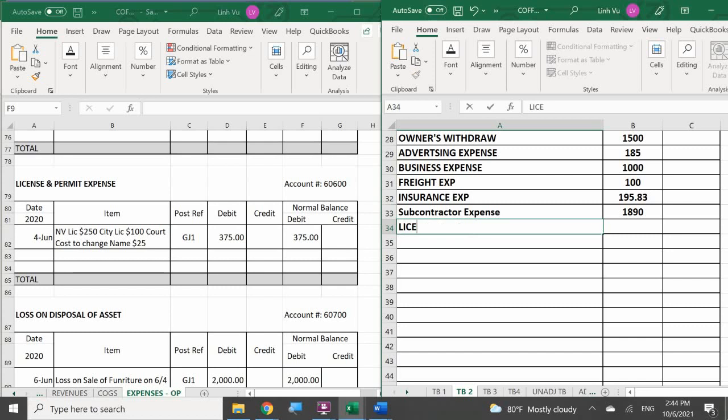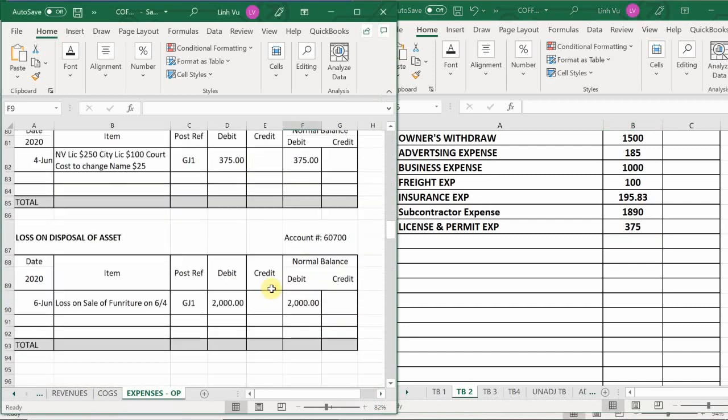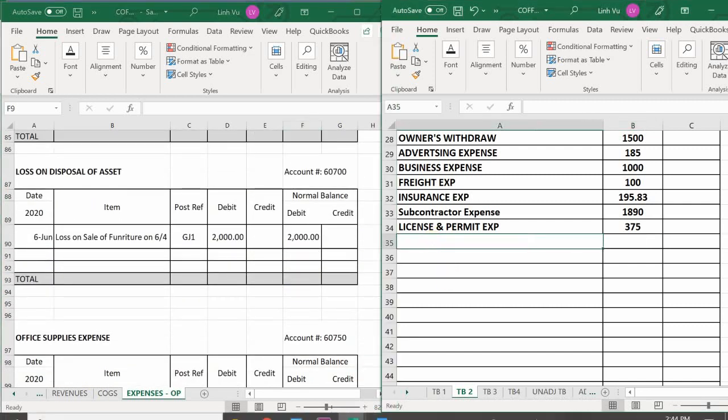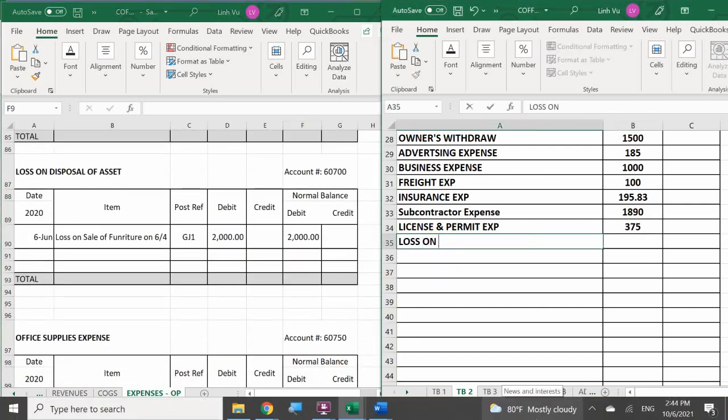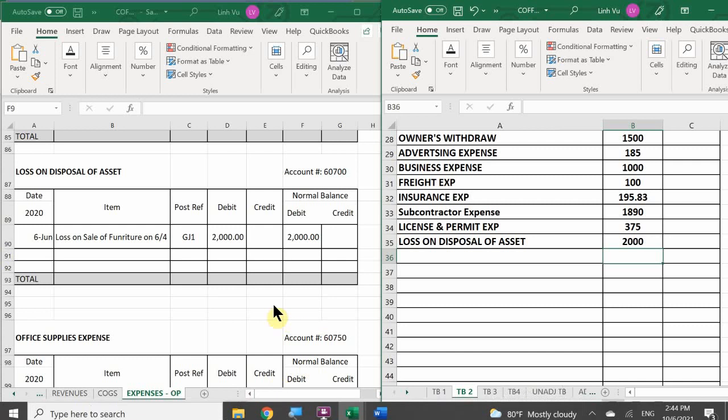License and permit expense for 375. Okay. What else do you have? Loss on disposal, $2,000. Okay. What else do you have?